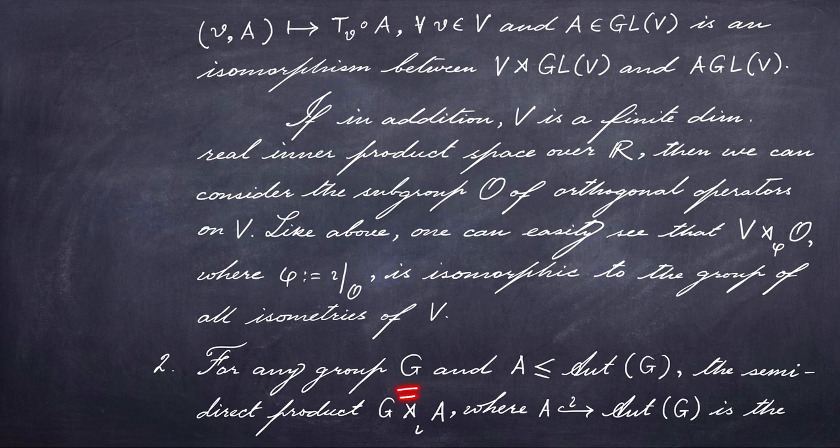So here suppose a group G and a subgroup A of its automorphism group are given. From A to Aut G, we have this natural inclusion, let's call that I. With this natural inclusion, we can consider the semi-direct product.